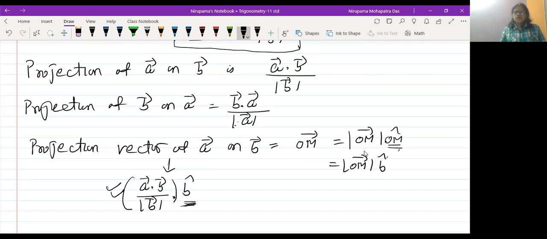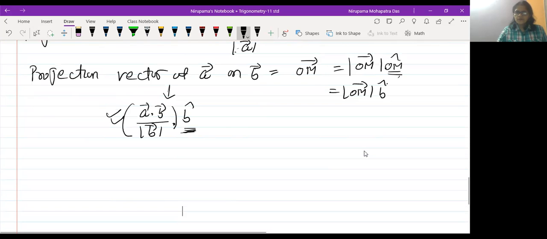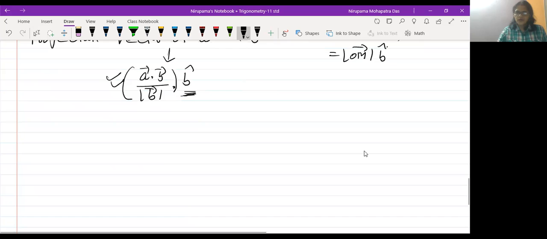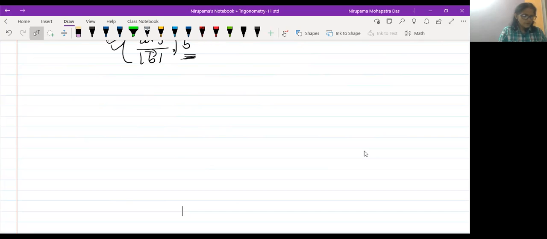Is it clear? While reading the question, be very careful whether it asks for the projection or the projection vector. If it is the projection vector, it has both direction and magnitude. So this is all about the conceptual part of the dot product of two vectors.